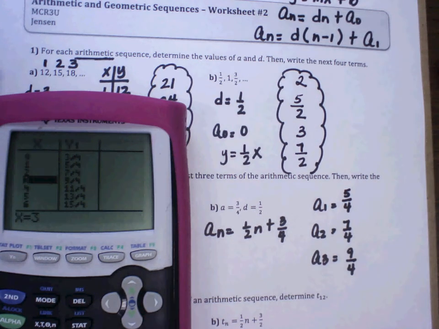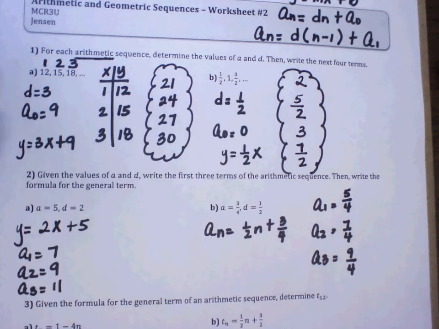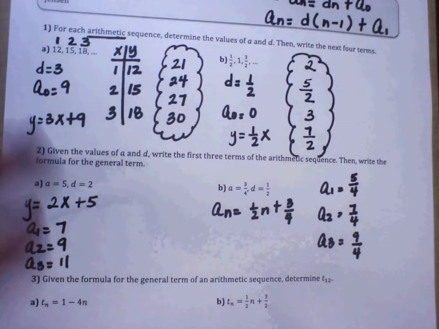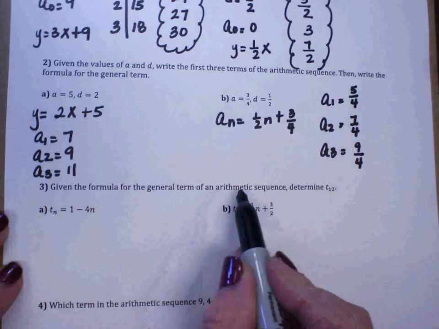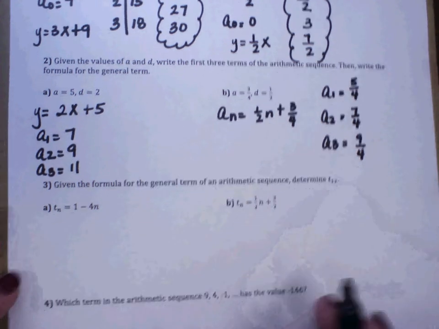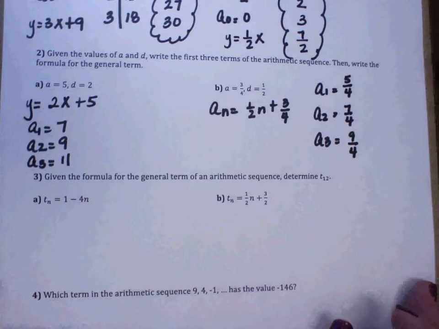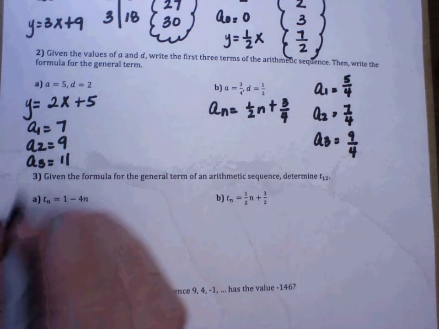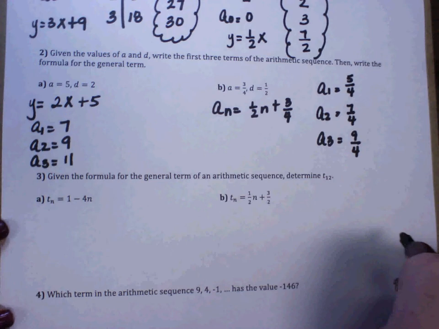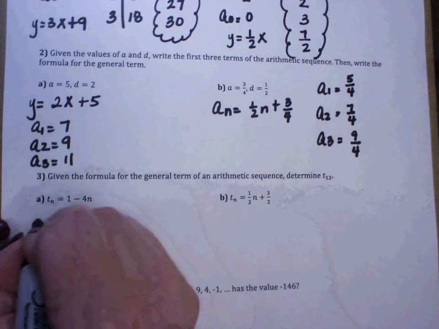All right, next one. Given the formula for the general term of an arithmetic sequence, determine t of 12. Oh, this is so easy. We're looking for t of 12. What does that mean? Well, in this case it's not x. What is it?